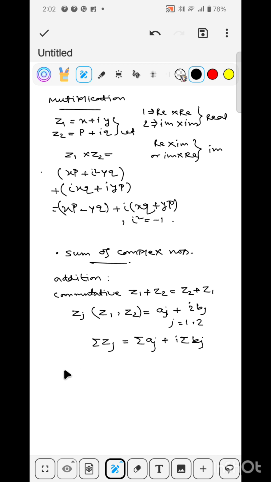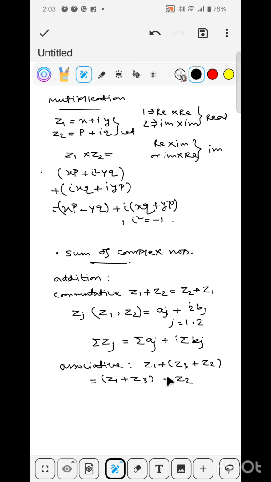And associative property, that is z1 plus z2 plus z3 taken together.